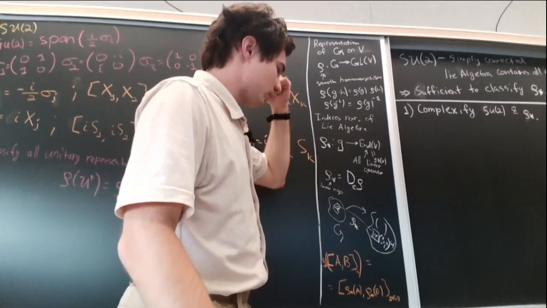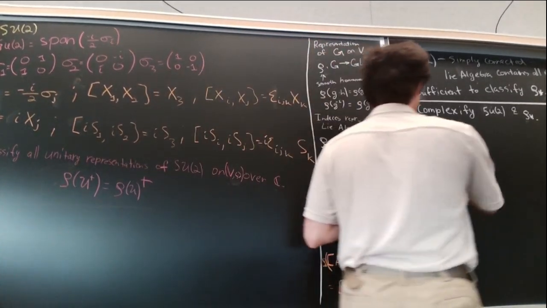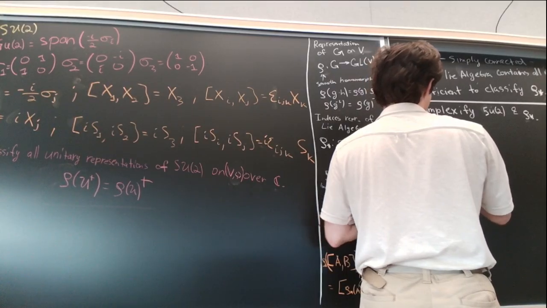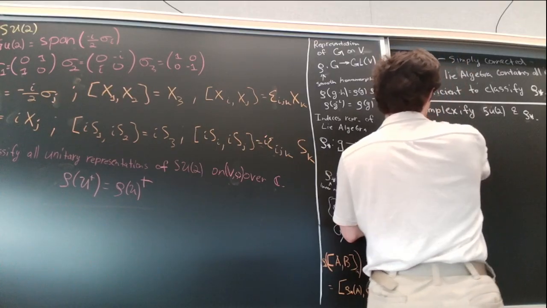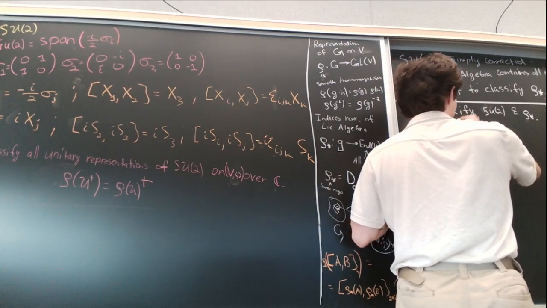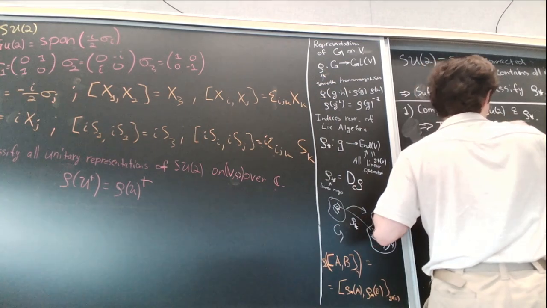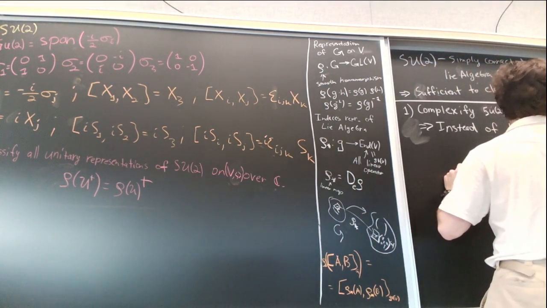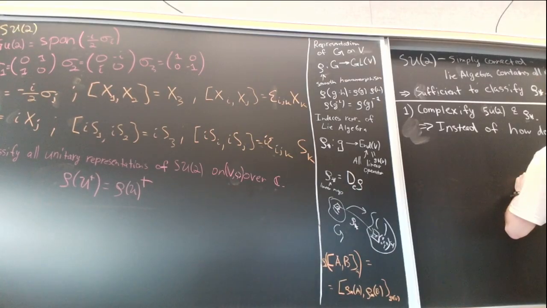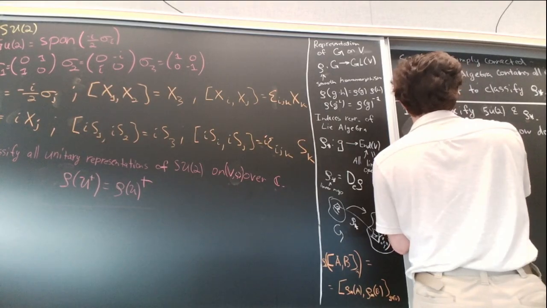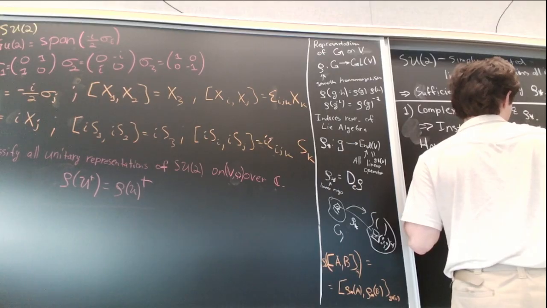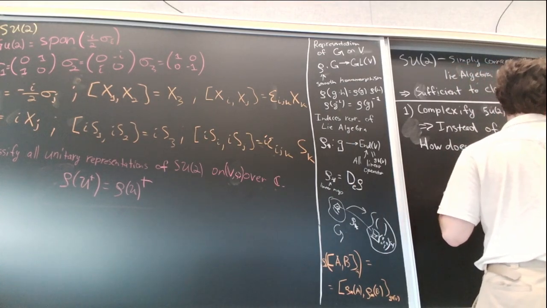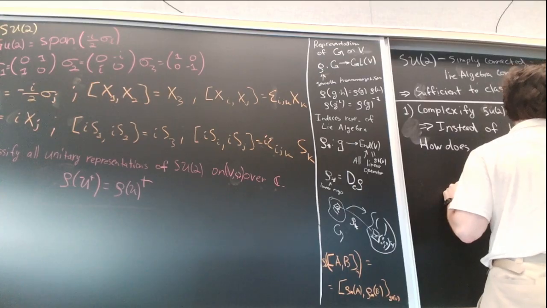Okay, and now the question is, instead of asking how rho star of xi acts, I'm going to ask how rho star of Si acts on the vector space.